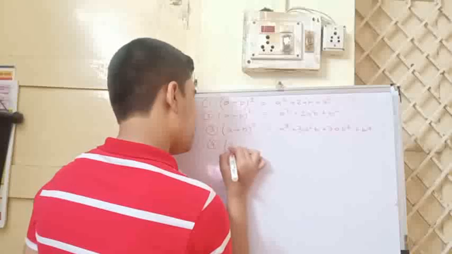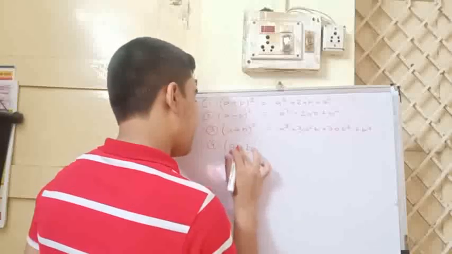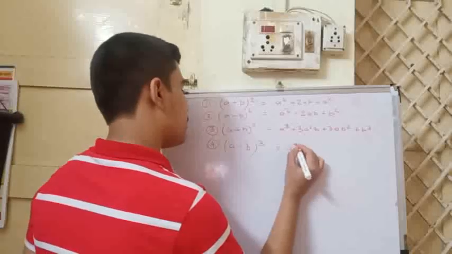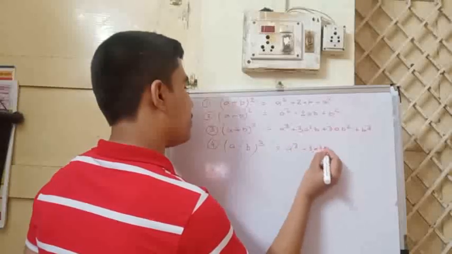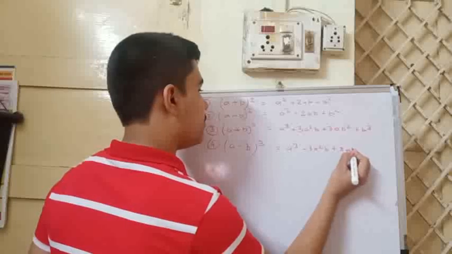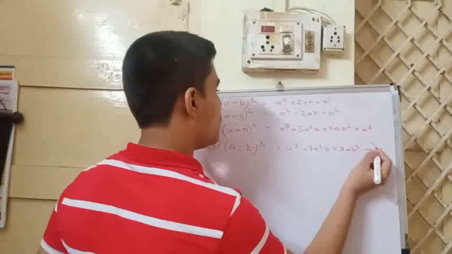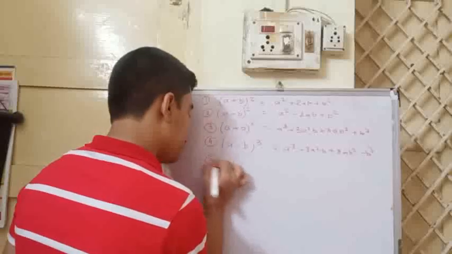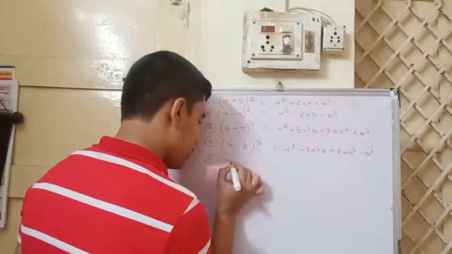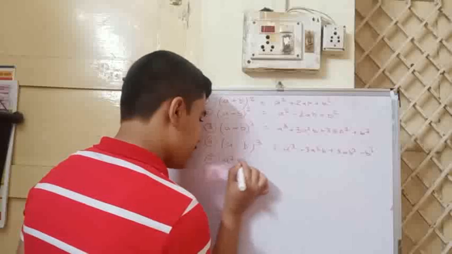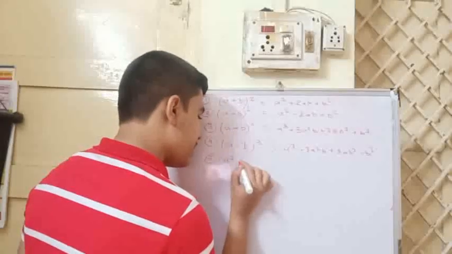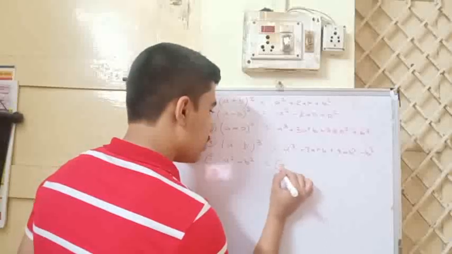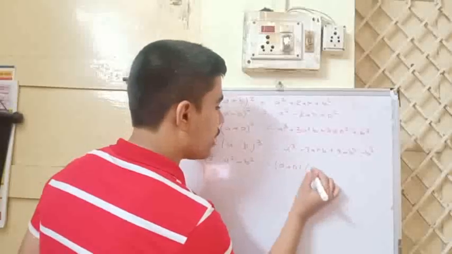Fourth, (a - b) cube is equal to a cube minus 3a square b plus 3ab square minus b cube. Then the fifth, a square minus b square is equal to (a + b) into (a - b).